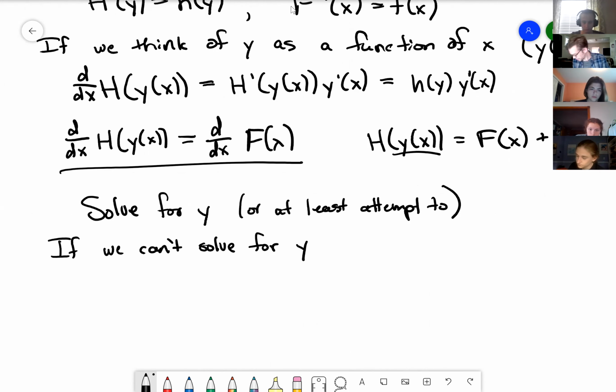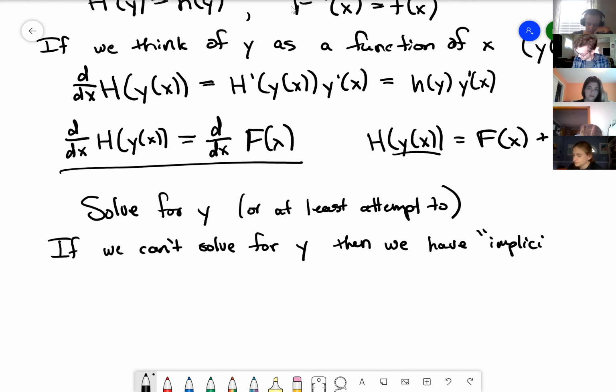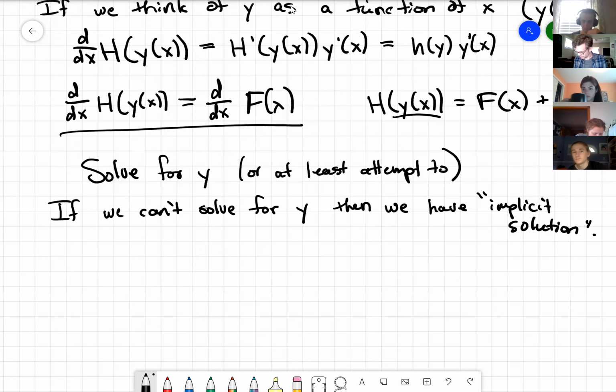If we can't solve for y, then we have simply an implicit solution. So I'm actually gonna leave all this on the screen so that anybody who's still writing can finish.